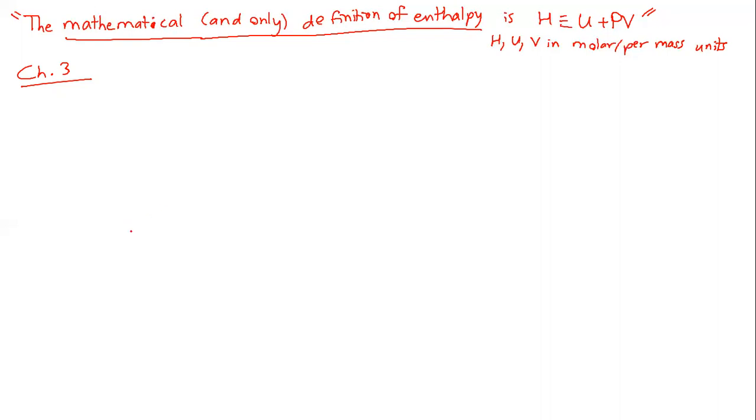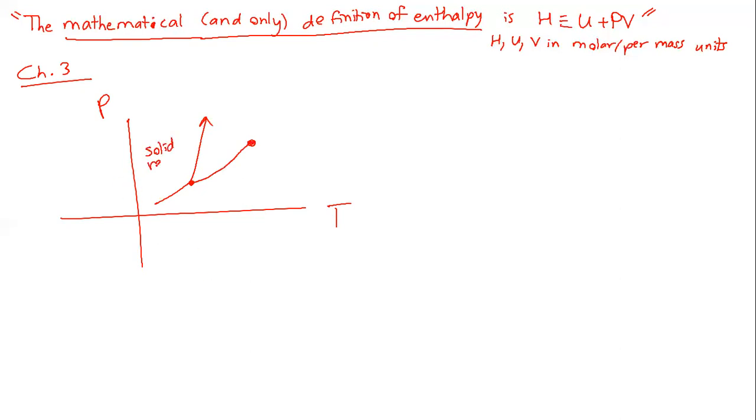Something that is a little bit important here is that people remember their pressure, volume, and temperature relationships. So here's a PT plot. I put this one up here because it's a good reminder of the way that fluids function. There's a solid region up here, at higher pressures and lower temperatures.